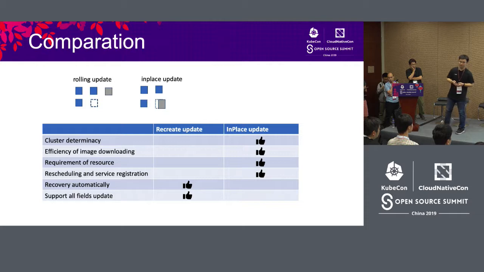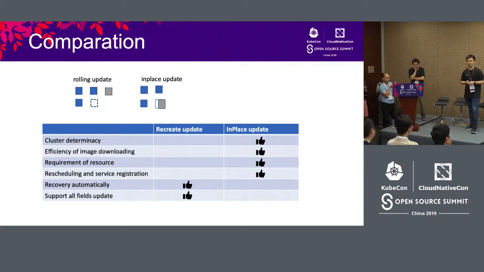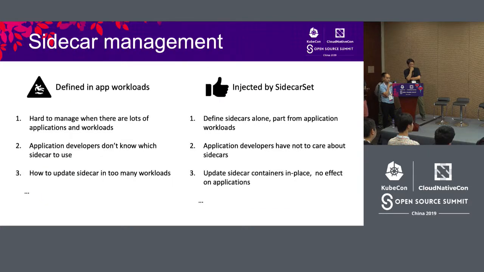If we were to recreate them in order to upgrade, there would be a huge pressure upon the scheduler. So every release will distribute tens of thousands of pods. And for the supply chain and for the service registration, it will cause tremendous pressure. So through in-place update, we can recreate the pod lightly without modifying and without rescheduling.